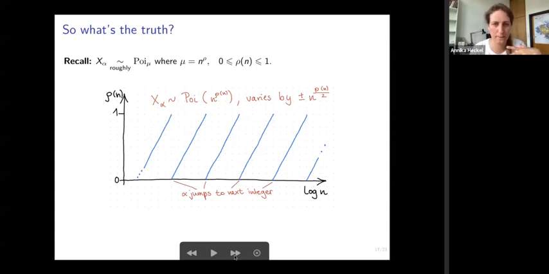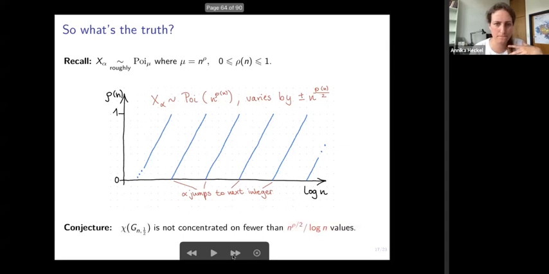So the variation in the number of alpha sets then increases from n to the 0 to n to the 1/2, and then again n to the 0, n to the 1/2, and so on. And so the first part of the conjecture is that basically the same is true for the concentration of the chromatic number.